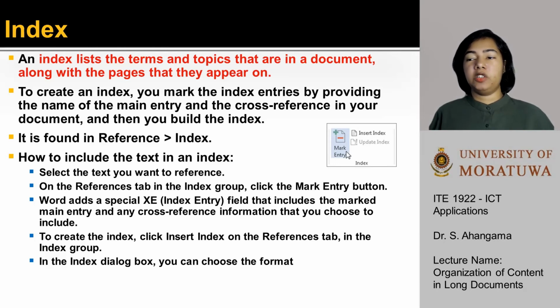Word adds a special index entry field that includes the marked main entry and any cross-reference information that you choose to include. To create the index, click Insert Index on the Reference tab in the Index group. And if you want to change the format, you can select the format in the Index dialog box.